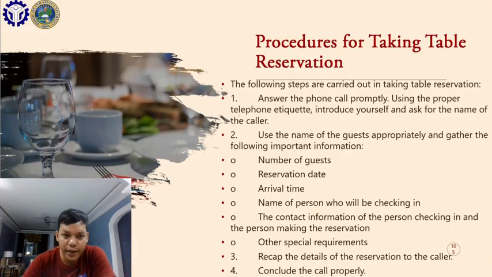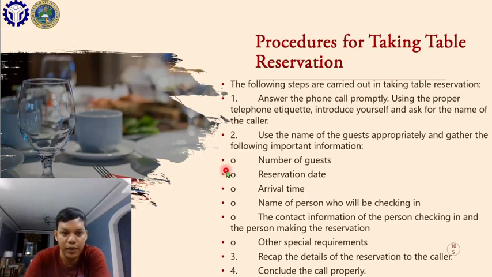So those are the steps or procedures in taking table reservation as demonstrated by the role players. And now we will talk more about the procedures for taking table reservation as role played by the two actresses. So these are the steps that will be carried out in taking table reservation.